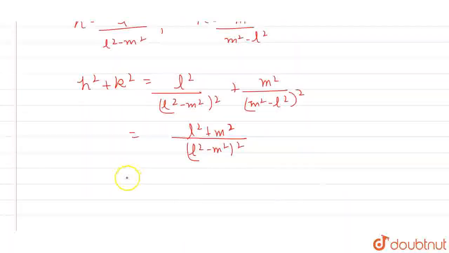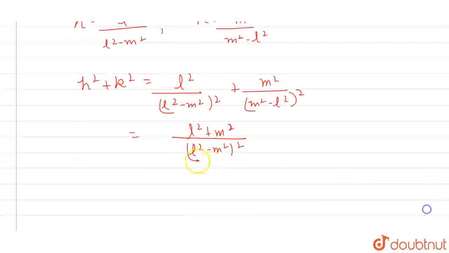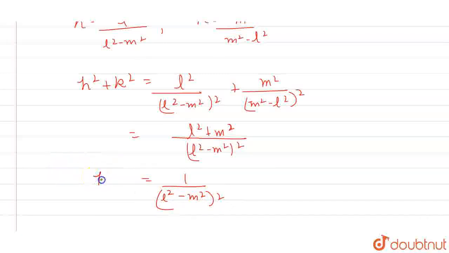What else is given in the question? l square plus m square equals 1. So it will become 1 over l square minus m square whole square. These are the values of h square plus k square we are having.